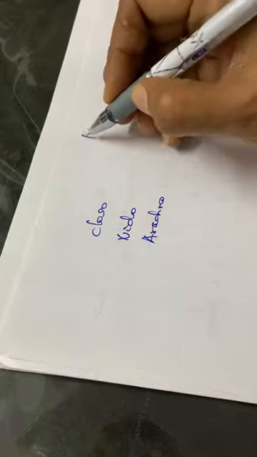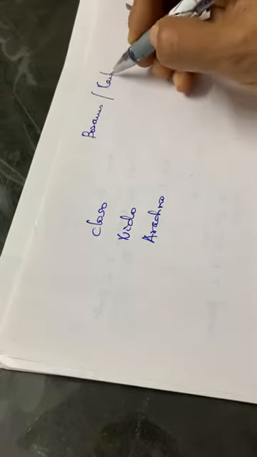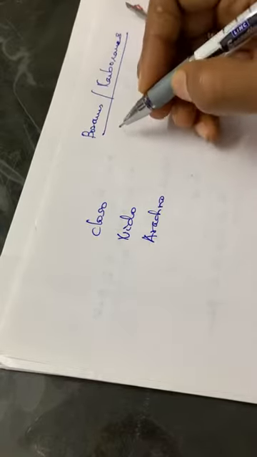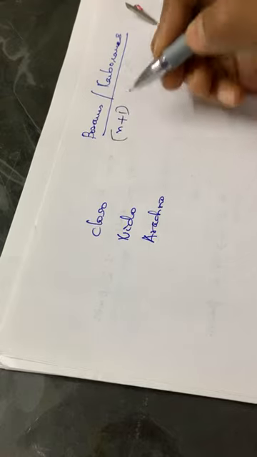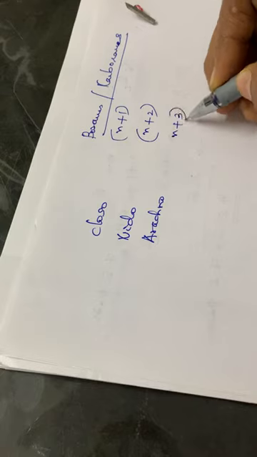Then for both boranes and carboranes, the formulas are the same. For closo it is n plus 1 electron pairs, for nido it is n plus 2, and for arachno it is n plus 3 electron pairs.